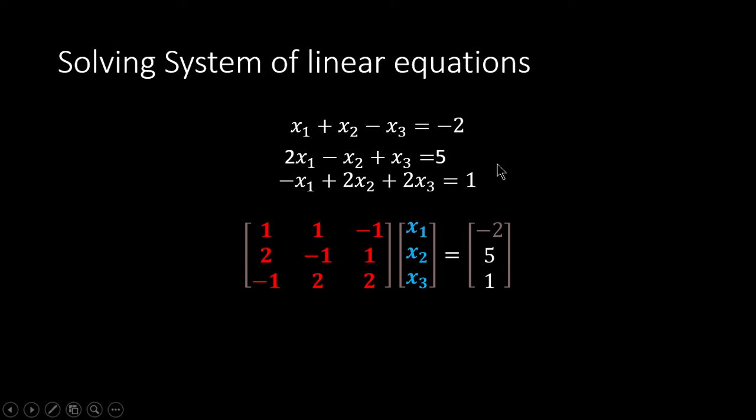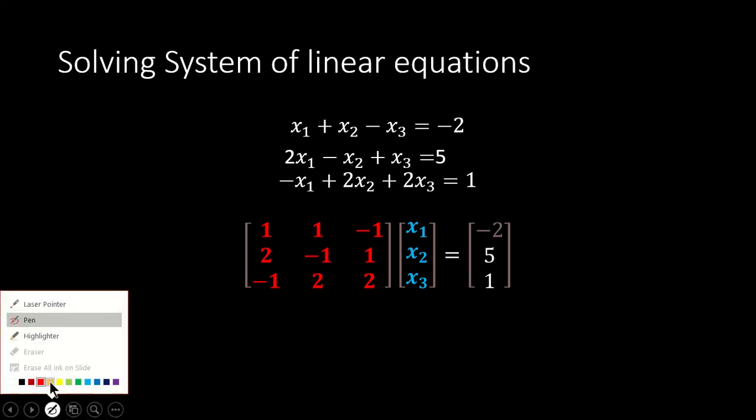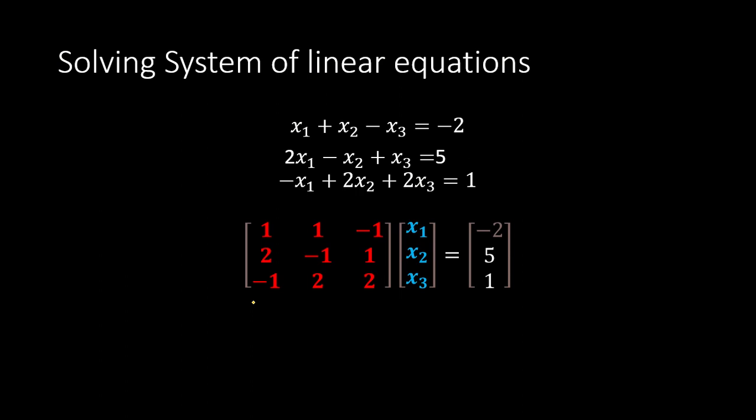In this, the first part represents the coefficients. This first one is the coefficient matrix corresponding to A. We represent it as A, and the second matrix is the variable matrix.